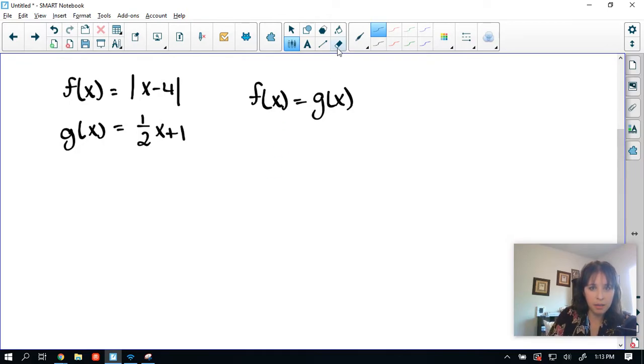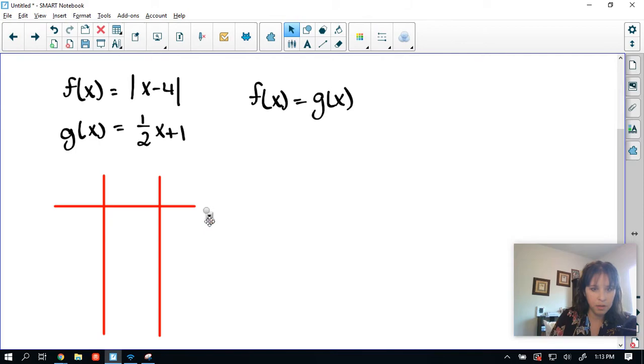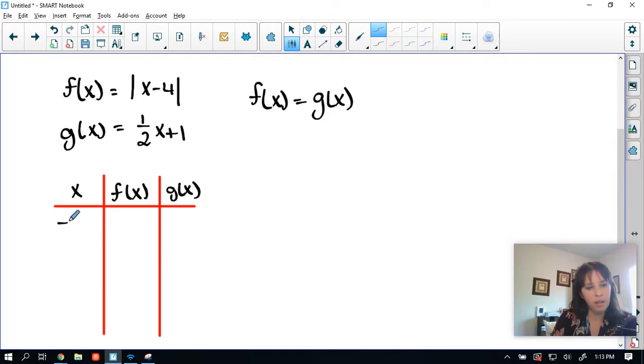So again, I could make a t-table if I need to do this by hand, and kind of more like an awkward h-table. And I could put in my x values, my f of x values, my g of x values. I could do, I don't know, -1, 0, 1, 2, 3, 4, or other values.